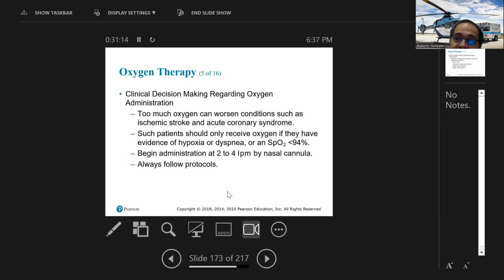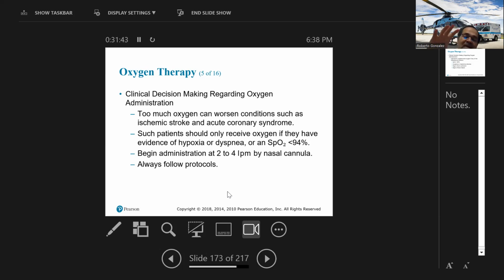But what happens is that when you have too many oxygen molecules, you have a release of an electron, and when that electron gets released, it causes damage to the tissue. I remember for chest pains, we also give aspirin and nitro.